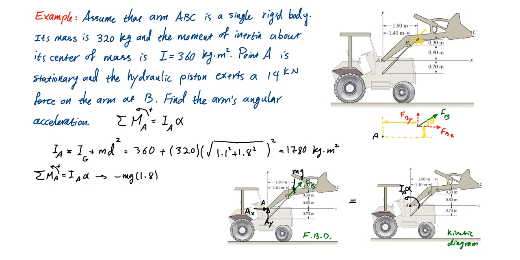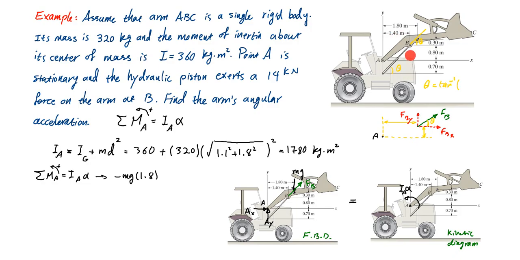I can find it as a tangent. So this angle is equal to this angle there, and theta is tan inverse of what I have in this right triangle. I have the summation of these two as the opposite side, which is 1.5, divided by the adjacent side, which is 1.4.